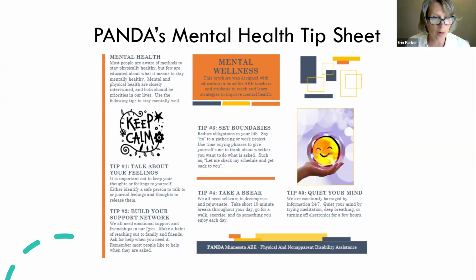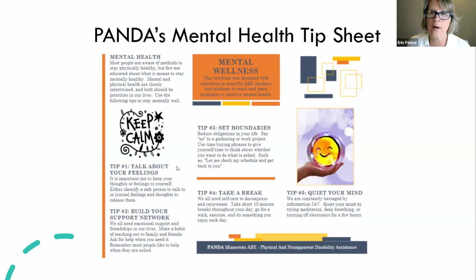Tip 2, build your support network. We all need emotional support and friendships, reaching out to family and friends, of course, and that can happen also in the classroom, right? Helping students to connect to each other and build their social network that way.